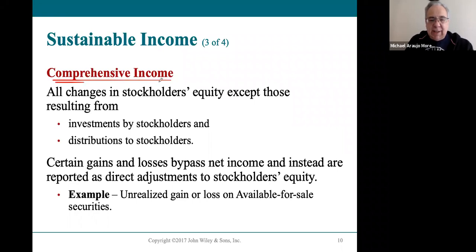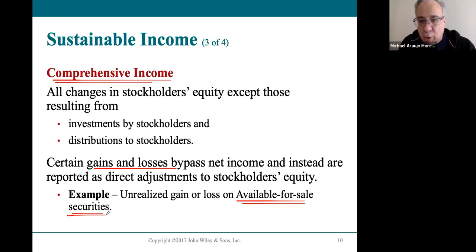Another thing to look at is comprehensive income, which looks at your net income from the company and then notes any gains or losses that come from, in most cases, available for sale securities. So these are stocks, for example, that the company owns as investments.